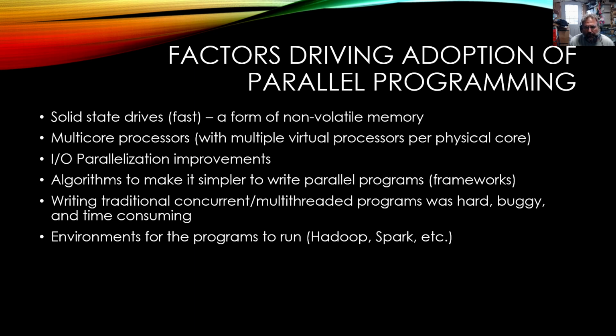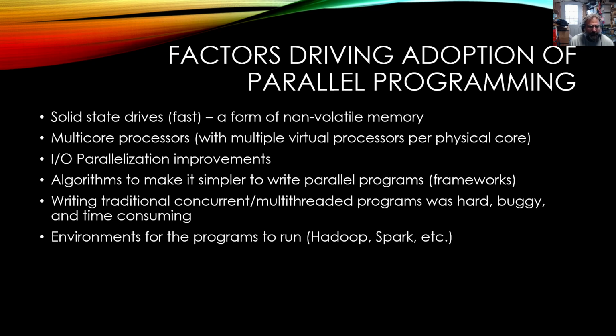So things that are driving adoption of parallel programming and distributed parallel programming are in part that solid state drives are fast, and they've become less expensive over time. Also, multi-core processors or virtual multi-core processors, or this virtualization of multiple cores in a single physical one, such as hyperthreading.